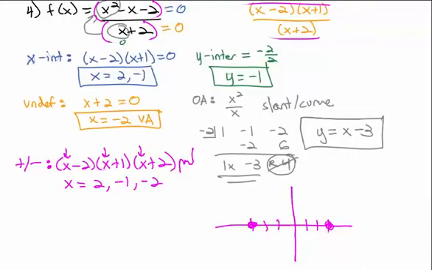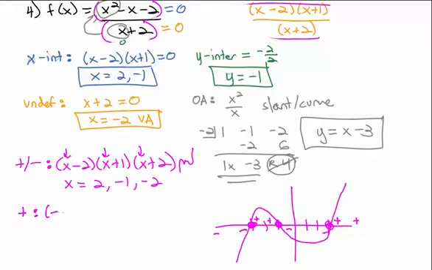So 2, negative 2, and negative 1. It's going to come in from the bottom because it was positive, wiggle, and go out. And all we care about here is the sign. Negative on the left side, positive for a while, then it's negative for a while, and then it's positive till the end.